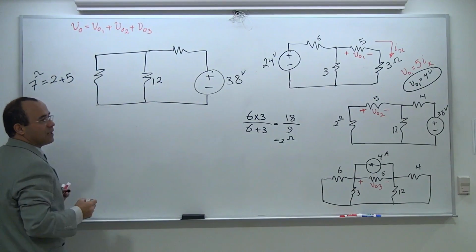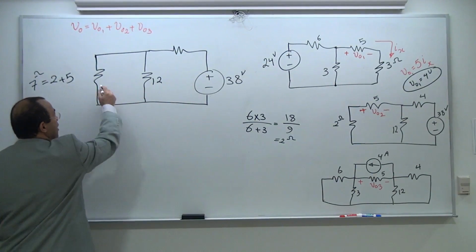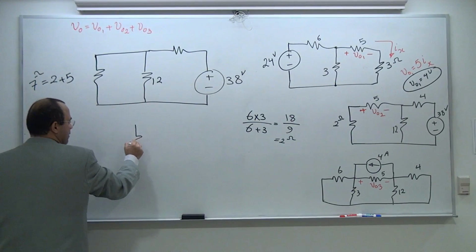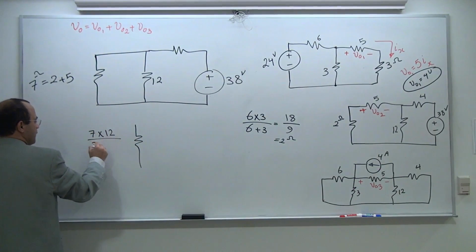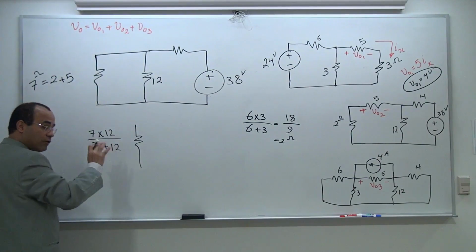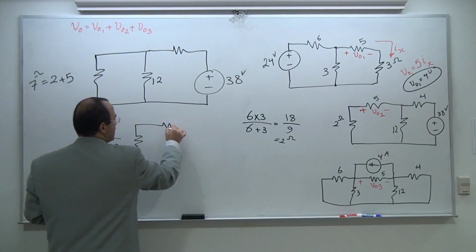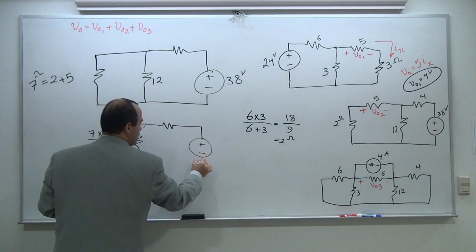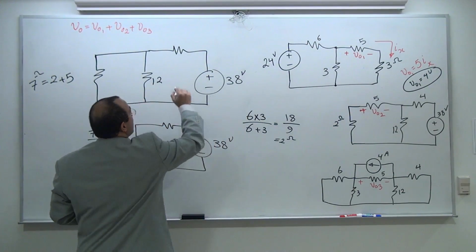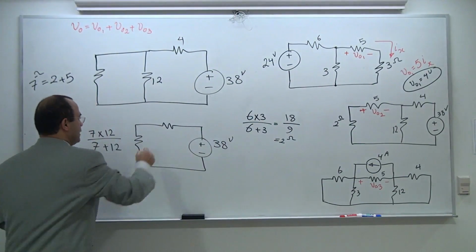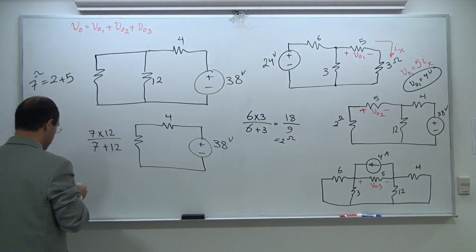7 and 12 are going to be in parallel. Because it's only 2 resistors in parallel, I can enjoy the simplicity of 7 times 12 over 7 plus 12. Only for 2 resistors once again, I insist that you make sure you are not applying this any other way. So this is 38 volts, and this is 4 ohm coming from the previous structure.